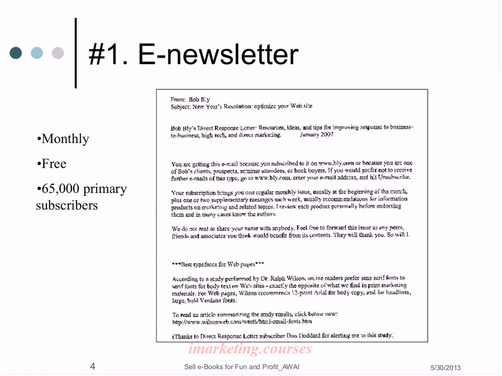And other people have success with much smaller lists. I meet a lot of writers that have 20,000 or 25,000 or 10,000 names. And Seth Godin, the internet marketing pundit, has said that if you can have a list of 10,000 loyal subscribers who spend money with you, you can make a very, very nice living.